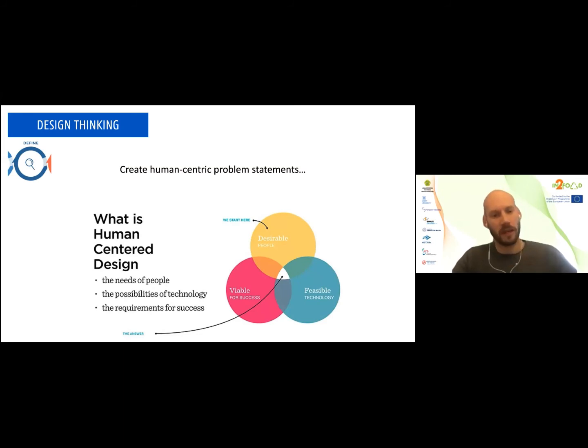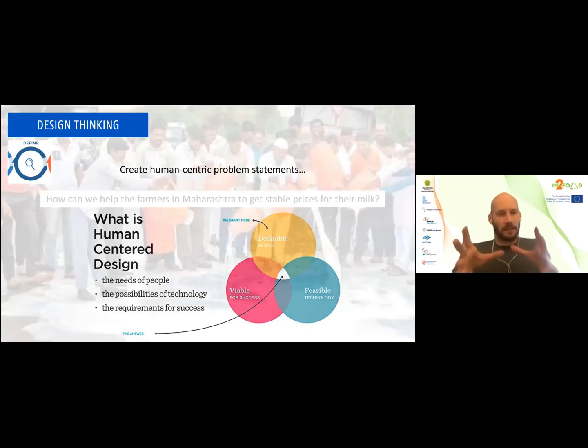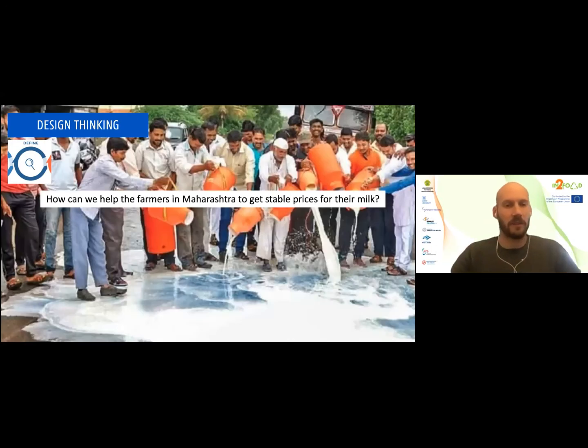We then look at possibilities of technology, what is feasible, and we combine it with the viability of new business models. We look at which are the requirements to also be successful. Maybe also look at regulations that are in place.